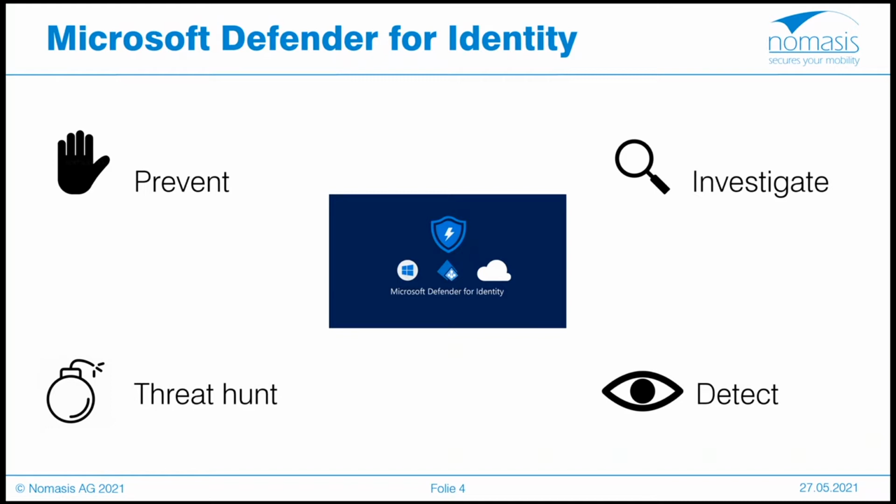Then there's also the feature for advanced threat hunting in Defender for Identity. So you can detect the threats early on, and it also allows you to take automatic actions against those threats. So Microsoft Defender for Identity is especially useful in hybrid environments, and it's a powerful tool to safeguard your on-premise Active Directory.